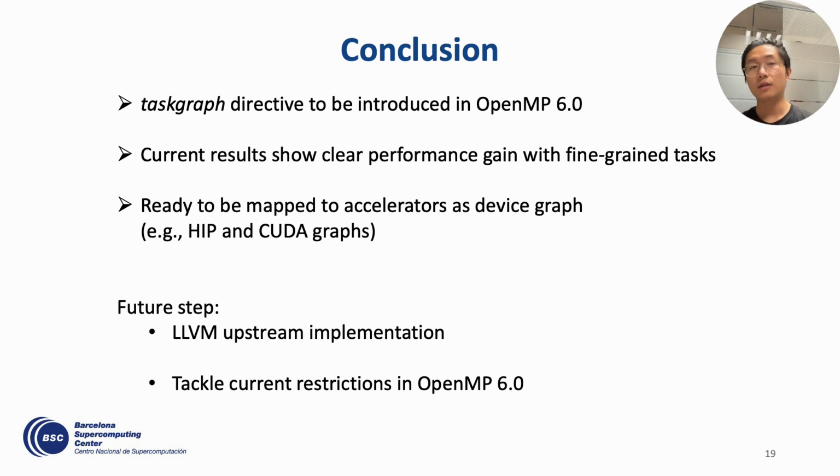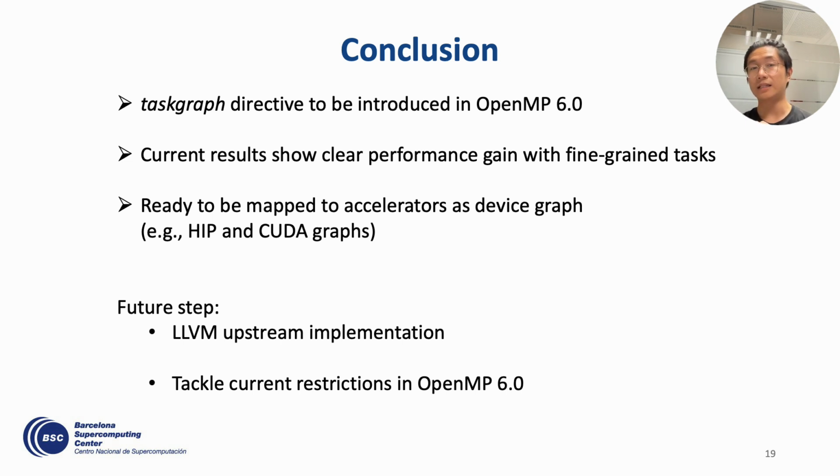So to conclude, the task graph directive syntax is now in the OpenMP 6.0 specification, and with our results, we are able to demonstrate that with the framework, we can enhance the speedup for host tasks, but also for the OpenMP offloading model.